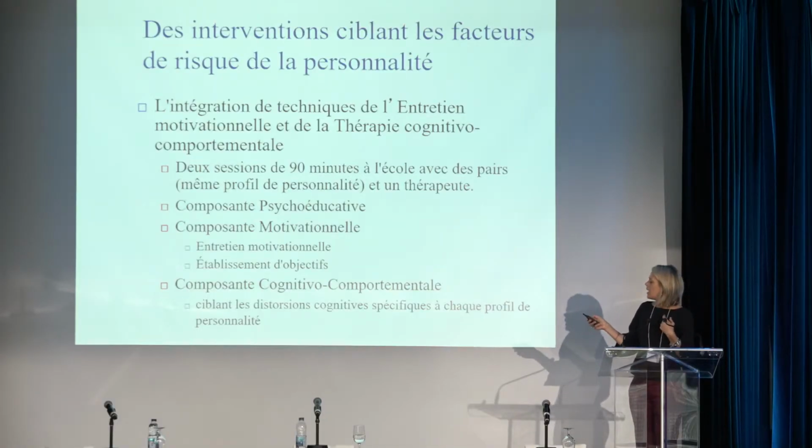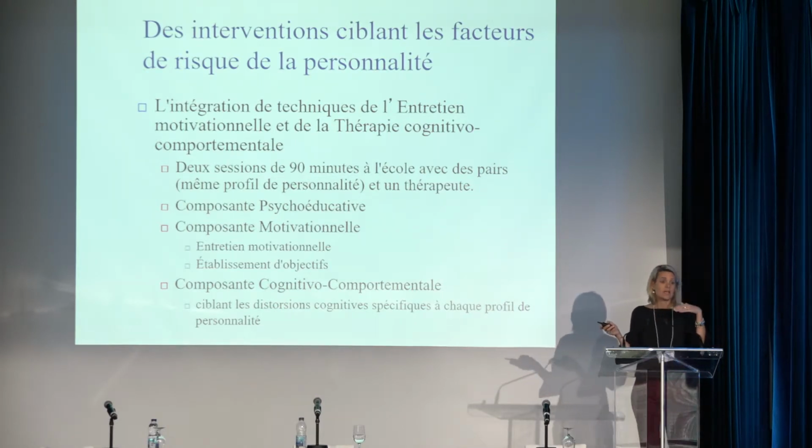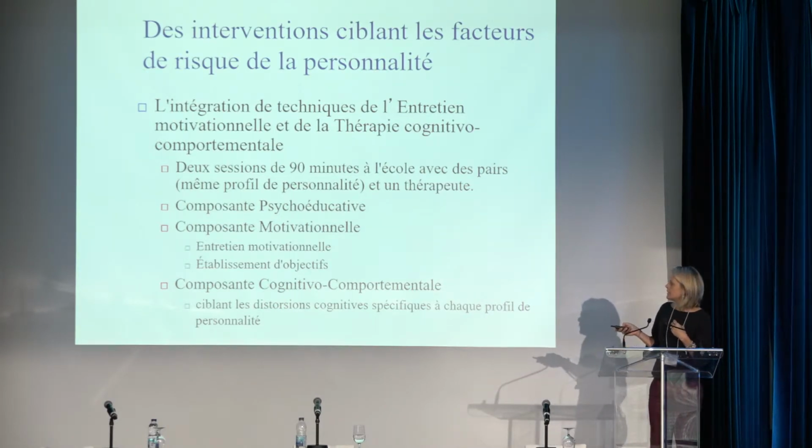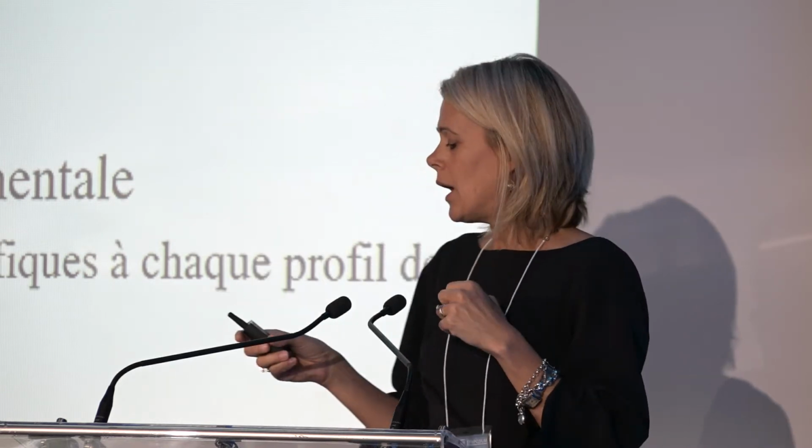So you are doing a very brief intervention, but it's targeted to the different cognitive styles and specific cognitive aspects of each personality and learning styles. And because it's very specific, it allows you to make that intervention very brief but successful.